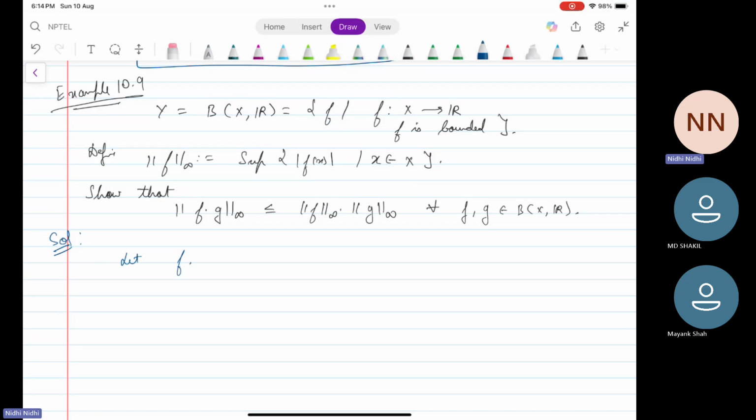Let f and g belonging to B(X) be arbitrary.